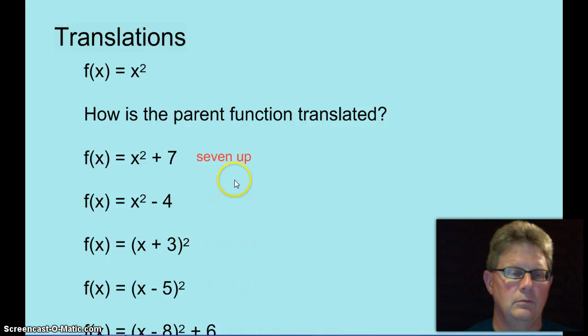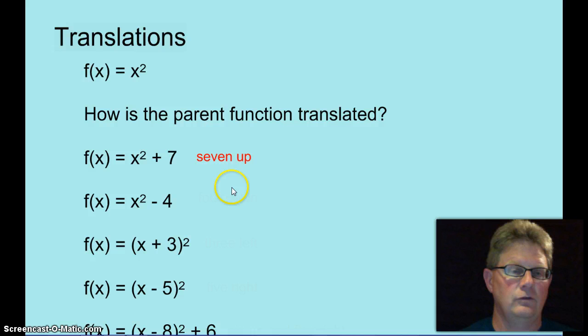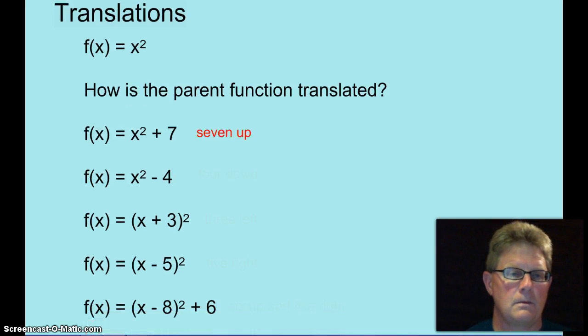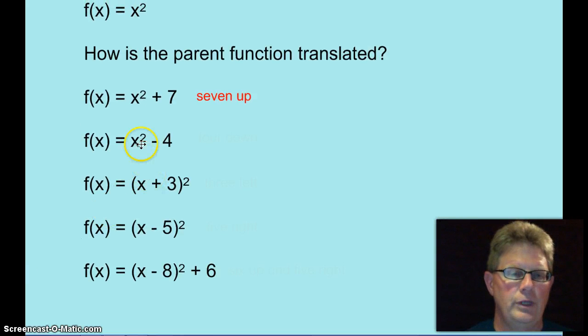That parabola moved 7 up from the origin where the vertex originally was. What's going to happen to that parabola if we rewrite it as x squared minus 4? That's right, you guessed it. It will be 4 down from where the parent function originally was.